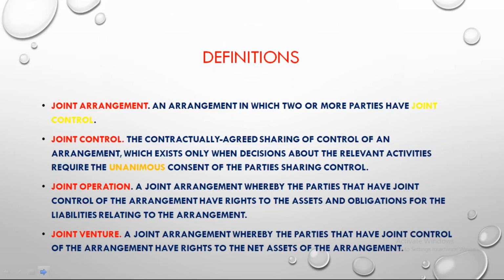Okay. So what is a joint venture? A joint venture is a joint arrangement where the parties that have joint control over the arrangement have rights to the net assets of the arrangement. Net assets. What is net assets? Assets minus liabilities. That is the ownership of the arrangement. Ownership. That means you are sharing the profit, all that kind of thing.